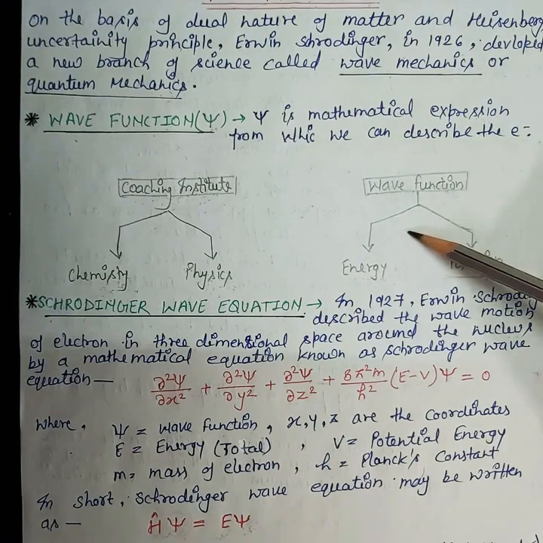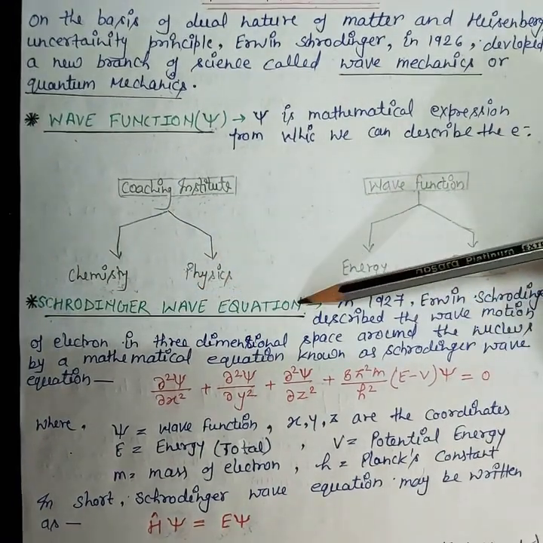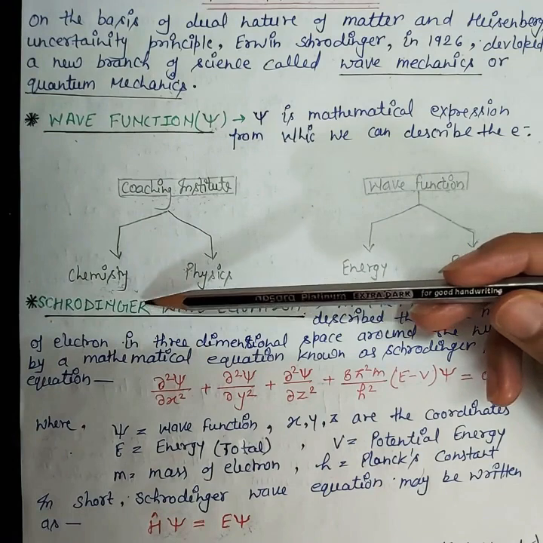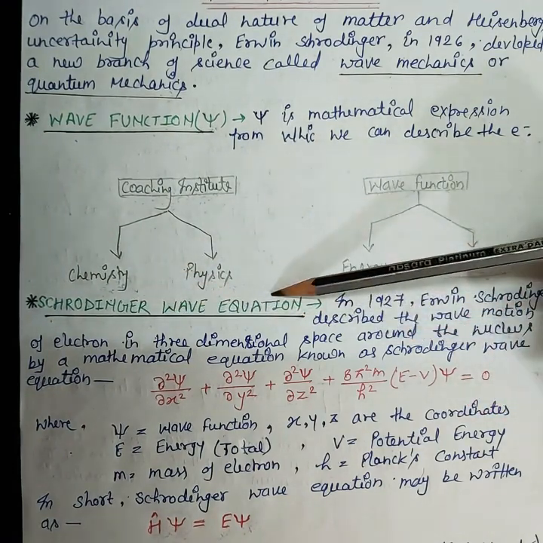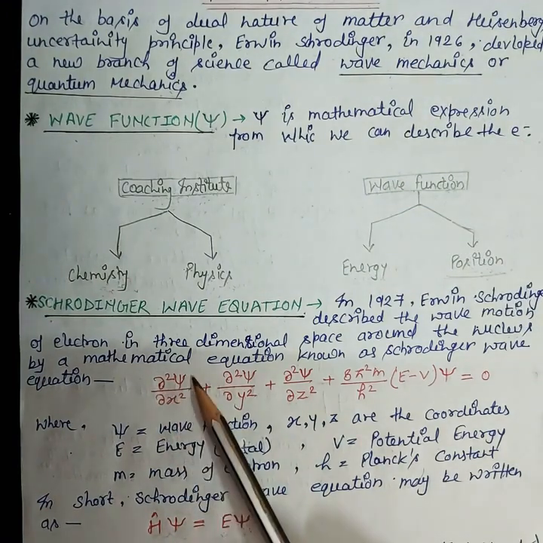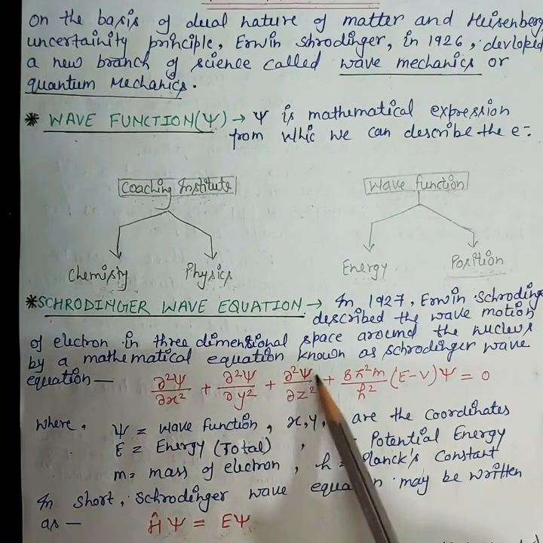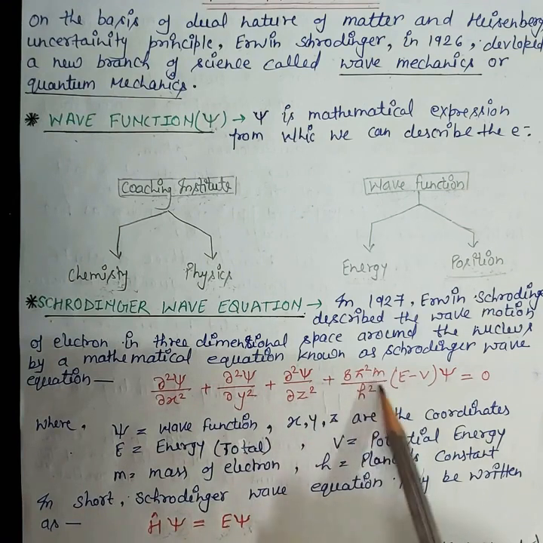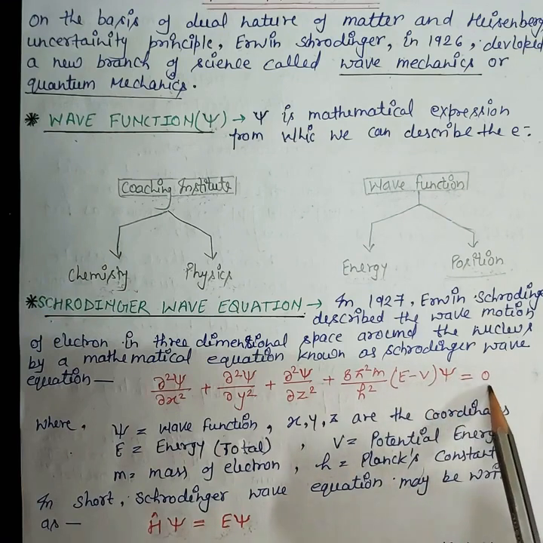So this is our second term. Now our third term is the Schrödinger wave equation. In 1927, Erwin Schrödinger gave a mathematical equation known as the Schrödinger wave equation, which is del square psi over del x square plus del square psi over del y square plus del square psi over del z square plus 8 pi square m upon h square into E minus V psi equals 0.